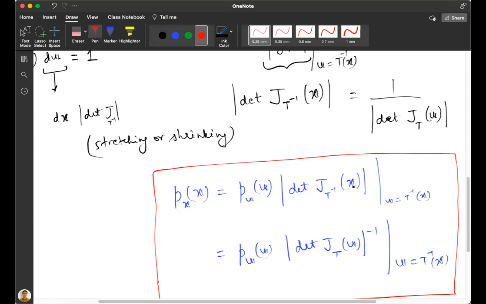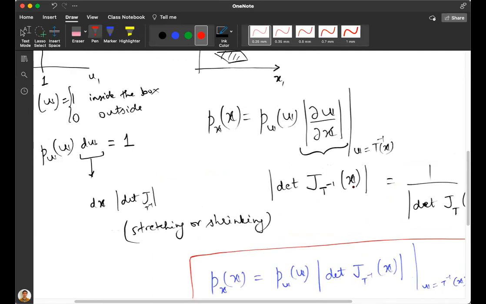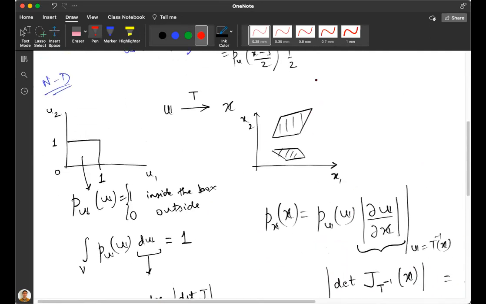So what's the use? What's the utility? Utility could be that it may be very difficult to sample from the target distribution, the X distribution. So what we do is we sample from this distribution, which may be very easy, could be uniform or a simple normal, a very simple distribution.